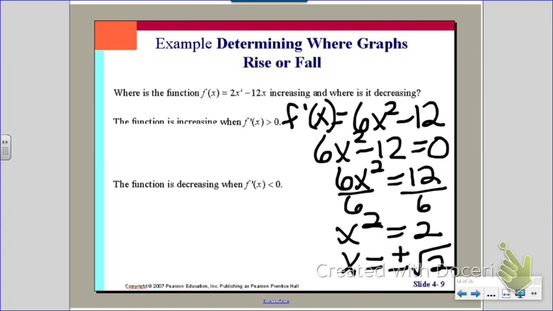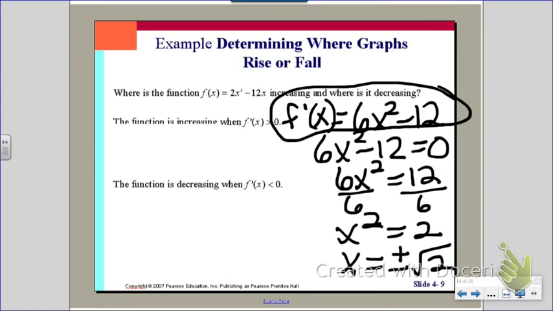So here's what we can determine. Take a number in the first interval, from negative infinity up to negative square root of 2, pick a number and plug it into the derivative function to see what's happening. Where's the derivative positive and negative? We'll keep track as we go.